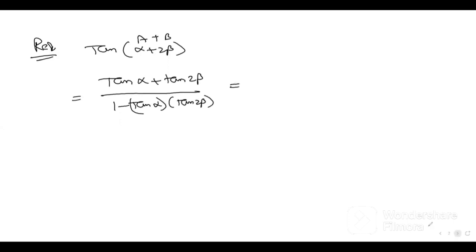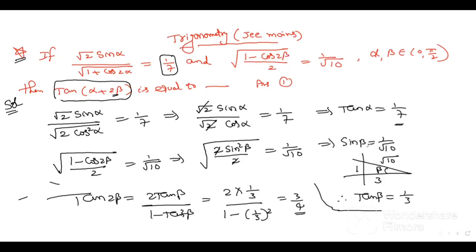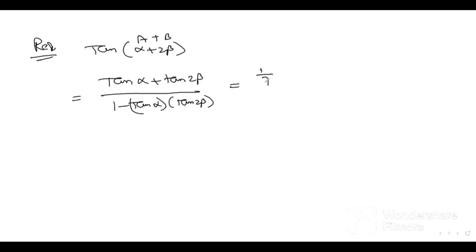Tan alpha value, from the given statement, is 1/7. We have got tan 2 beta as 3/4. Substitute: 1/7 plus 3/4 upon 1 minus 1/7 into 3/4.